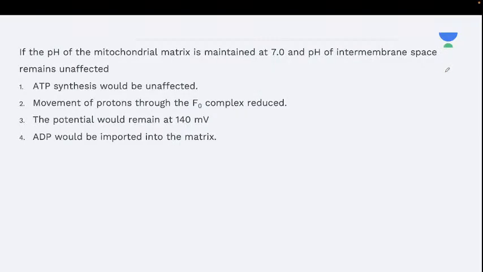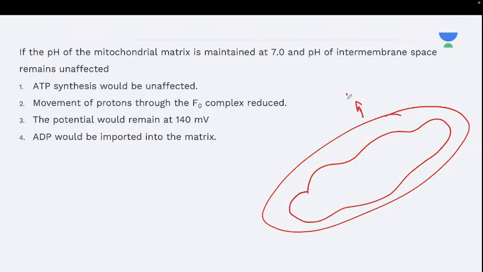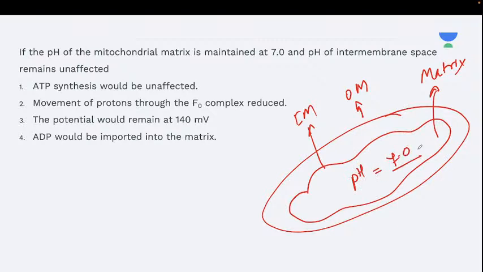If the pH of the mitochondrial matrix is maintained at 7.0, okay, so for example, this is a mitochondria and you know there are two layers. This is the outer membrane, this is the inner membrane, this is the matrix. So the pH of the mitochondrial matrix is maintained at 7.0 and the pH of the intermembrane space remains unaffected.